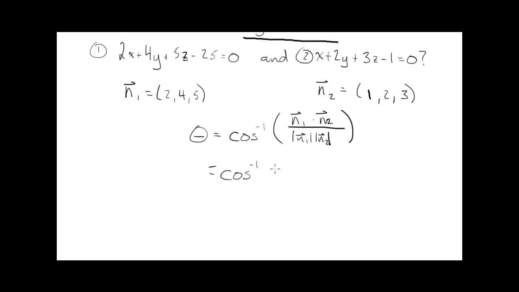So cos inverse of n1 dot n2, so 2 plus 8 plus 15, all over the square root of 2 squared is 4, 16, 20, 45, and the square root of 1, 4, 9, 14.